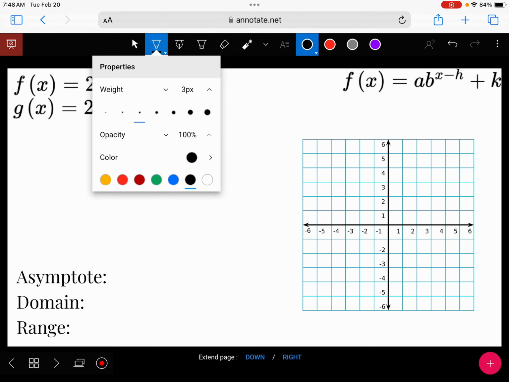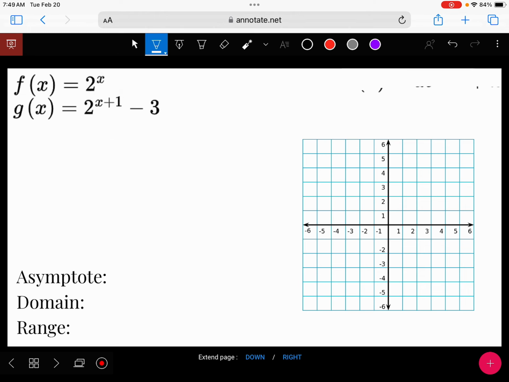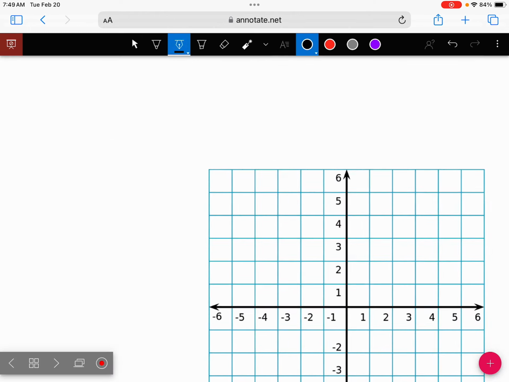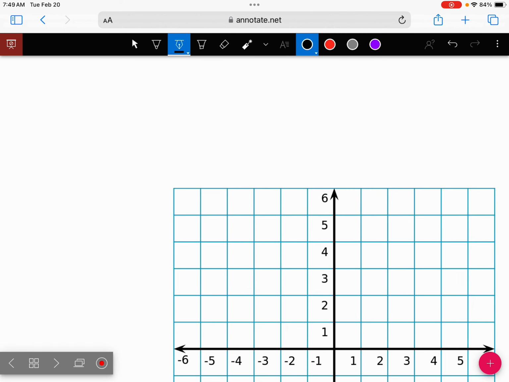But the important piece we need to have next is our transformation form, which I'm going to rewrite. I'm erasing it right now, but it was just right underneath the close button. So our transformation form for these functions, we have our a times our b, which is our base. That's the piece for our parent function. The exponent is where we have our x minus h, and then plus k is down here.